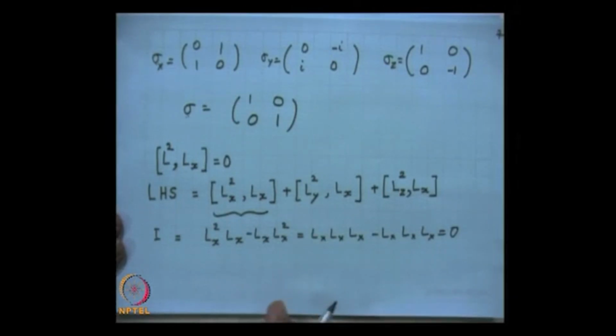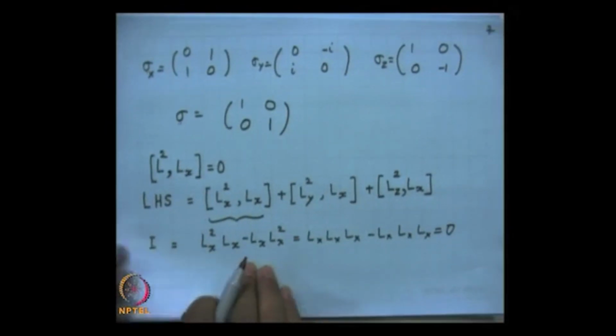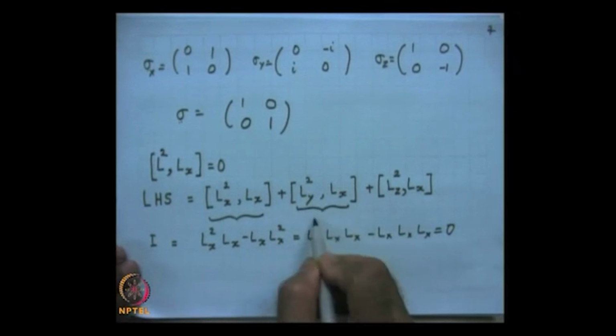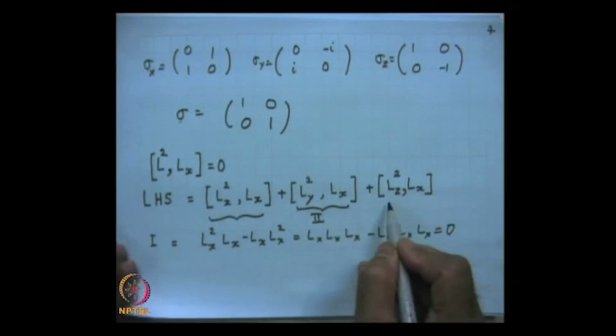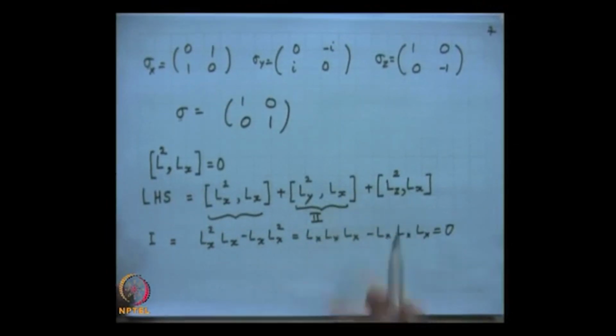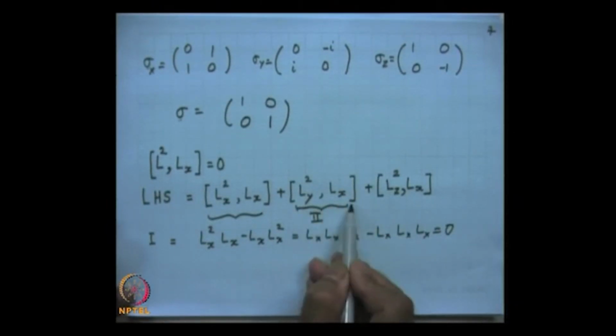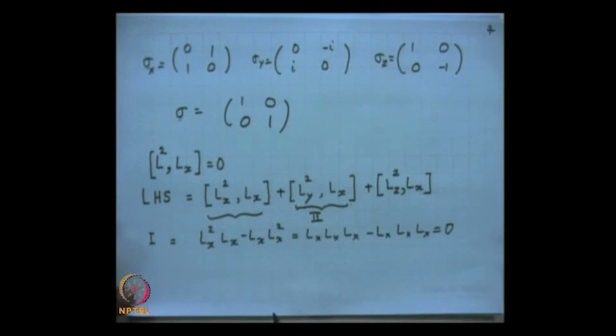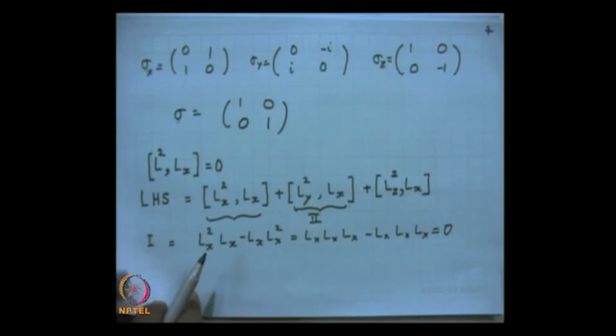Let me calculate the second term. Similarly, one can calculate the third term, and one can show that these two terms are independently not 0, but the addition of these two terms will be 0.